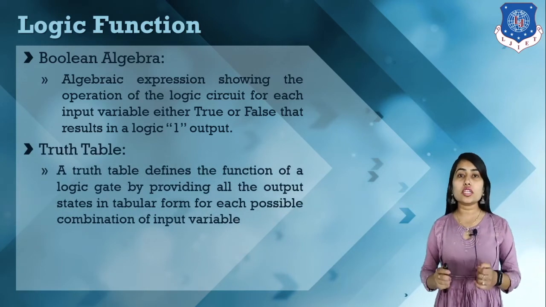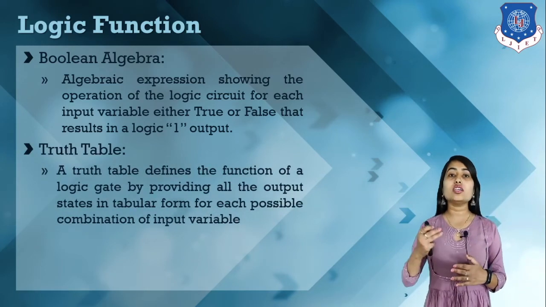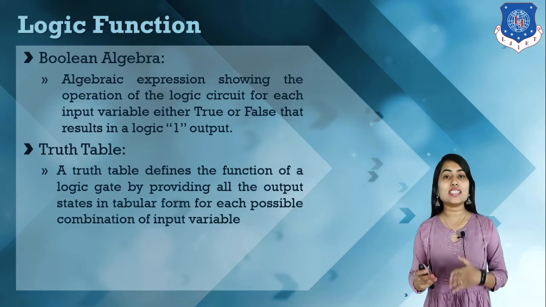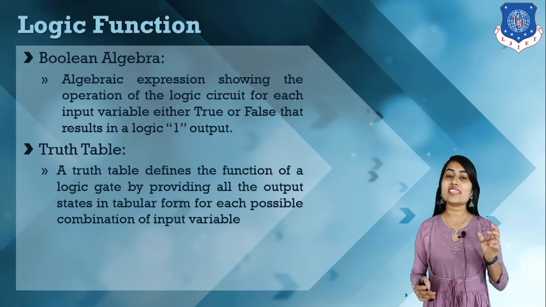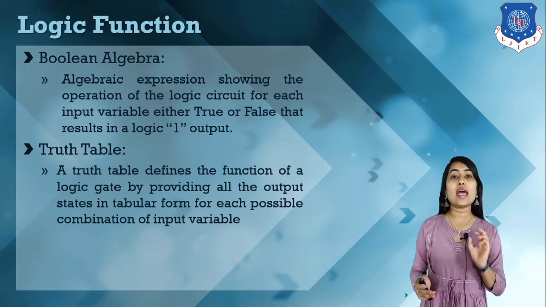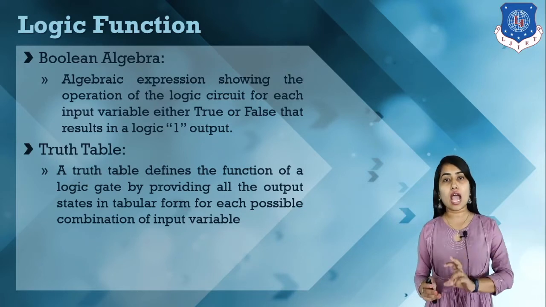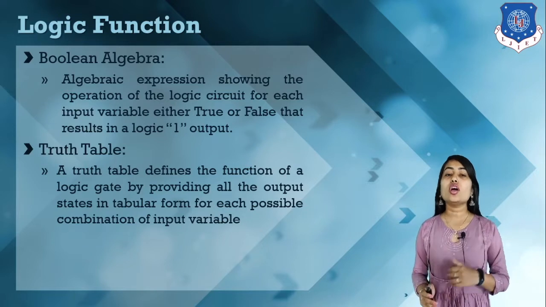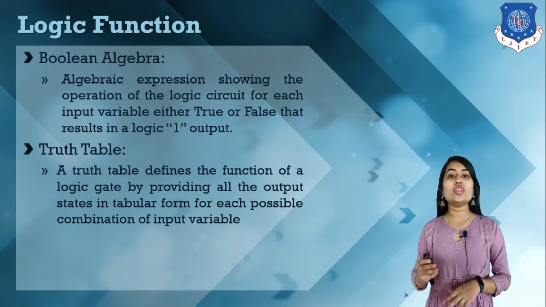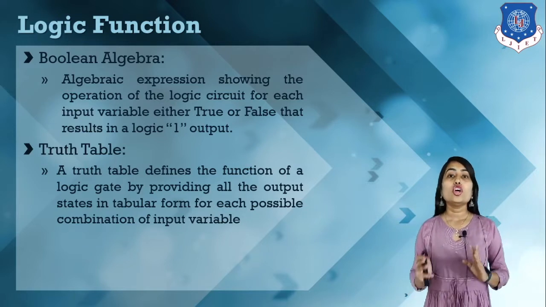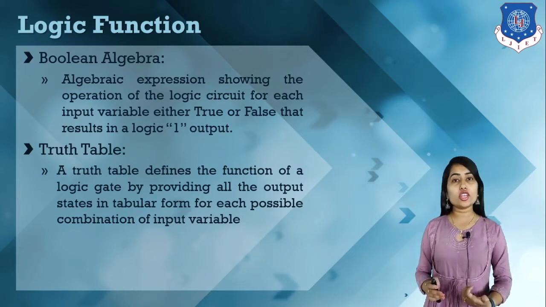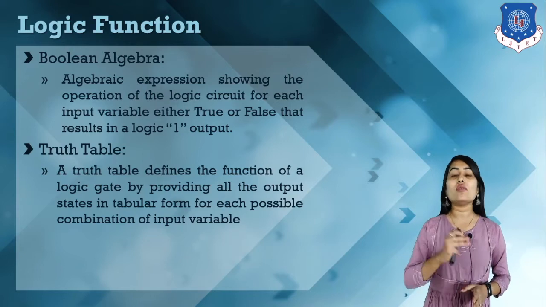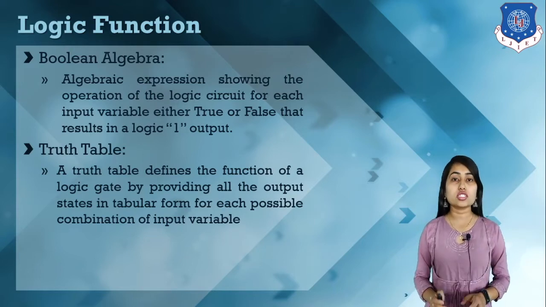The truth table is basically a tabular form of a logical expression in which input conditions are written in a tabular form, and according to the input we have an output, either 0 or 1, for the respective input conditions.